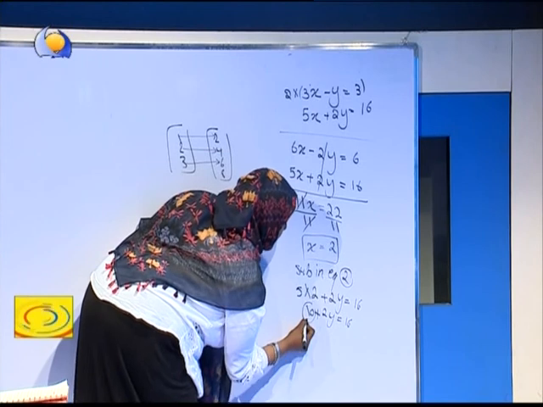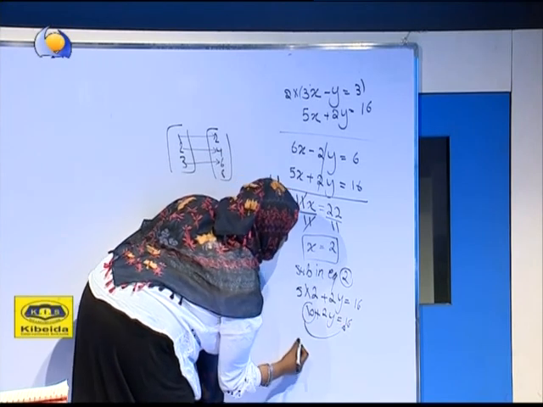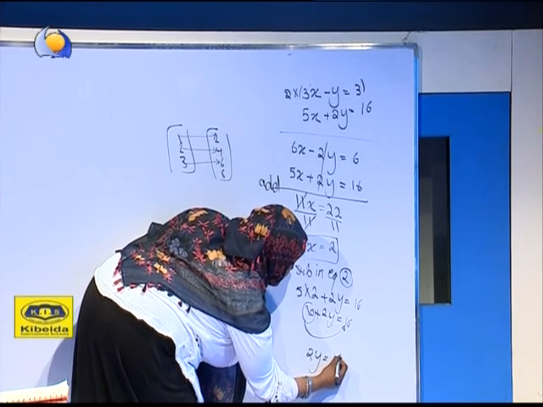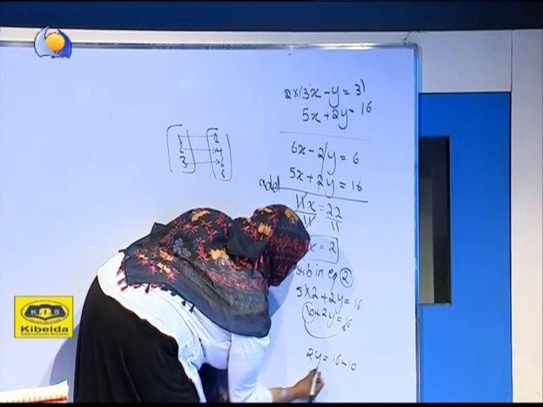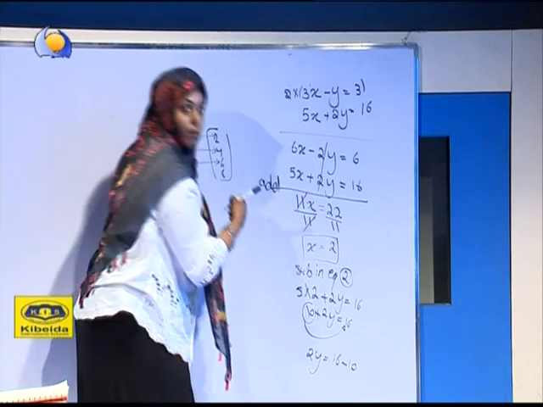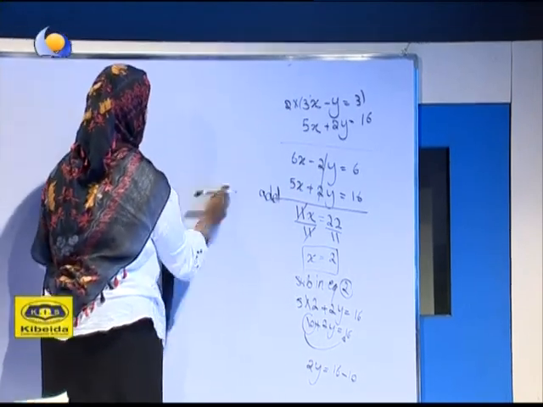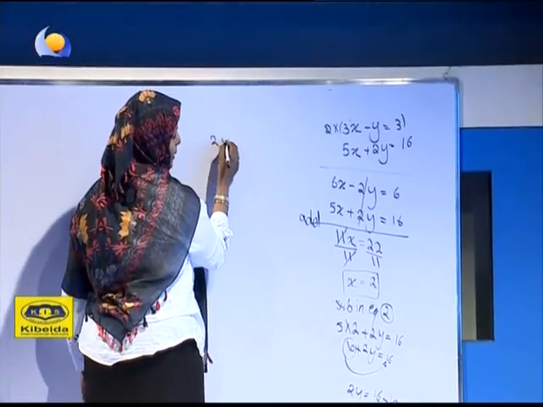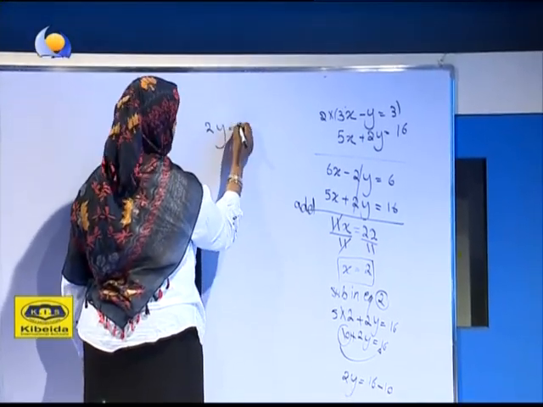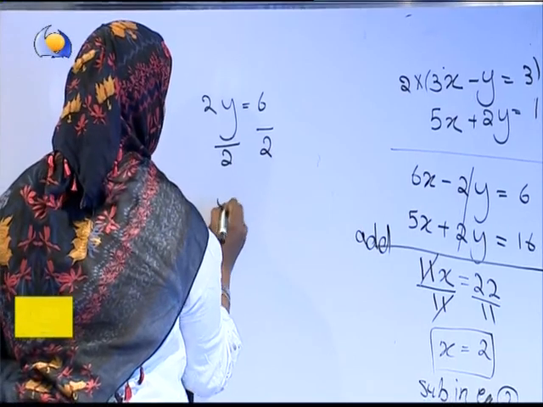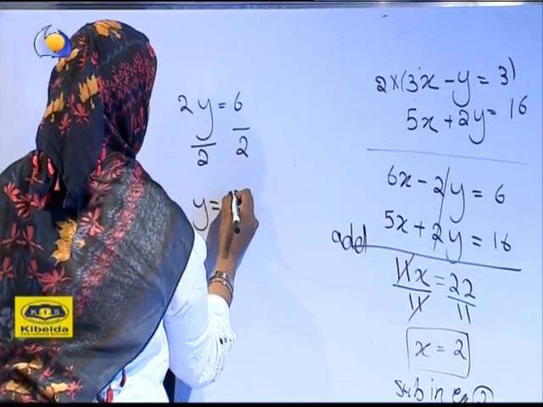Then you take the positive 10 to the other side, and then 2y will be equal to 16 minus 10, then 2y equals 6. To get the y, divide by 2 on both sides, then y will definitely equal 3.